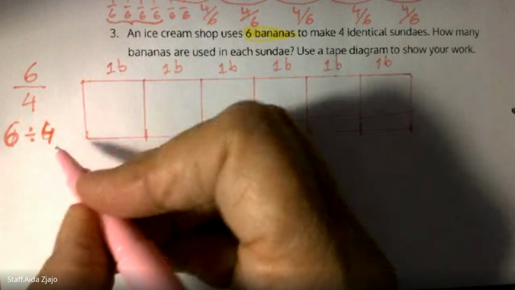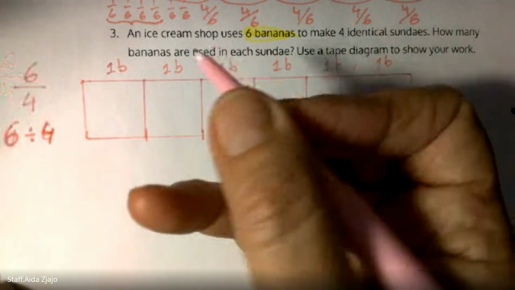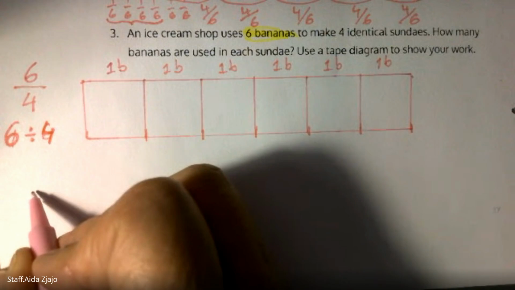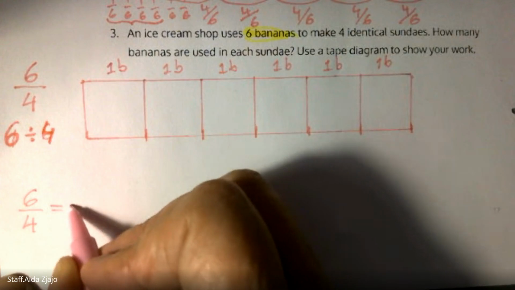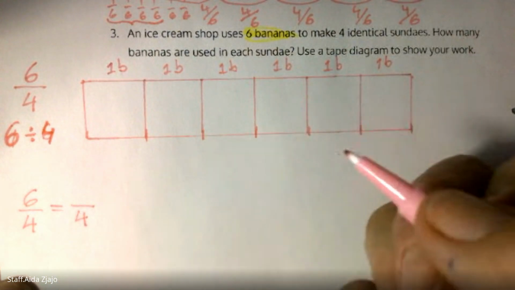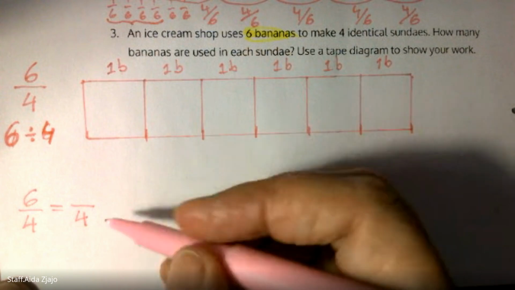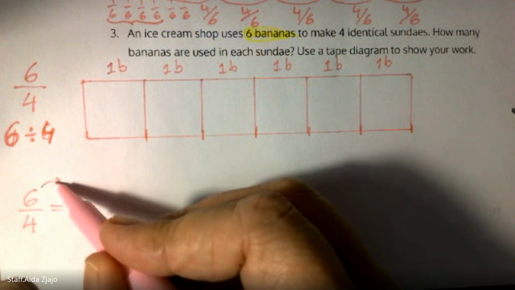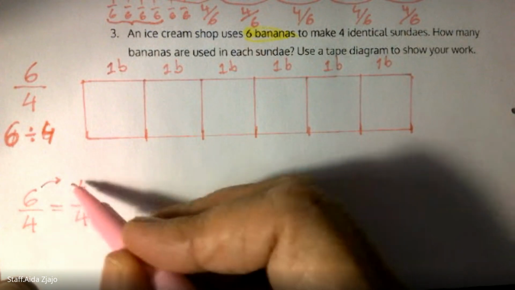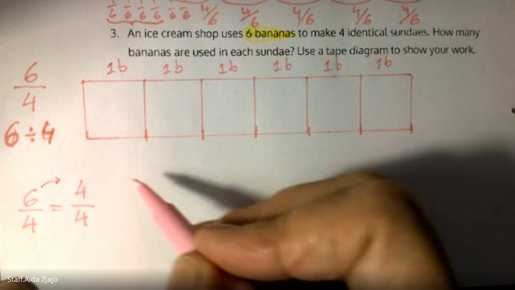The bottom number tells me how many pieces I need to make a whole. So if I take 4 from 6, I will make a whole.